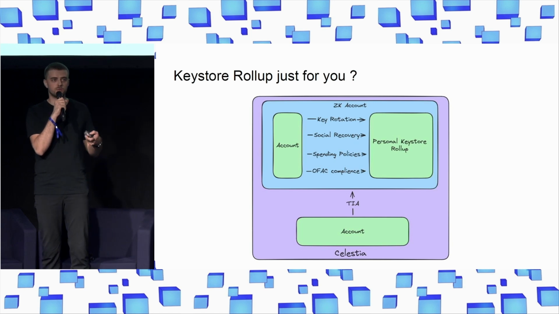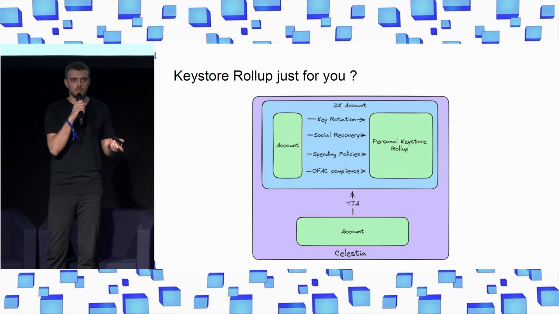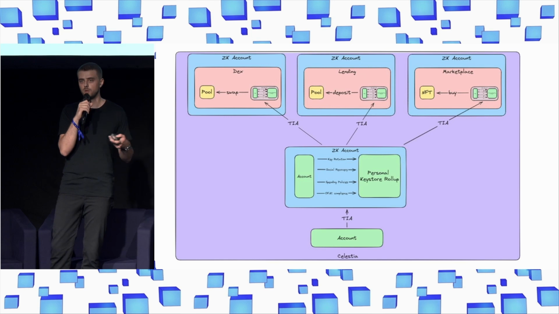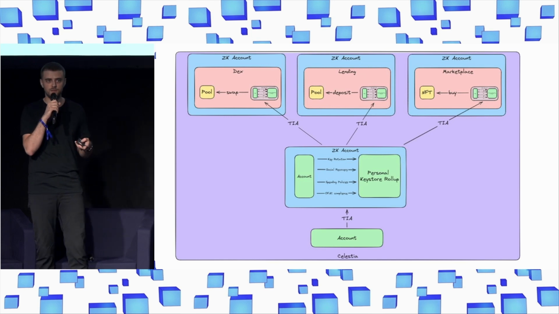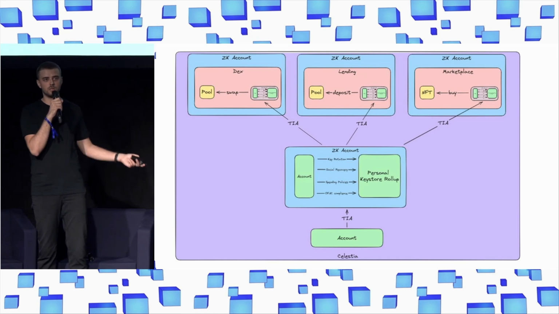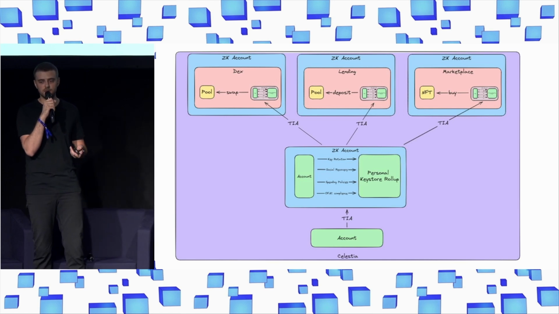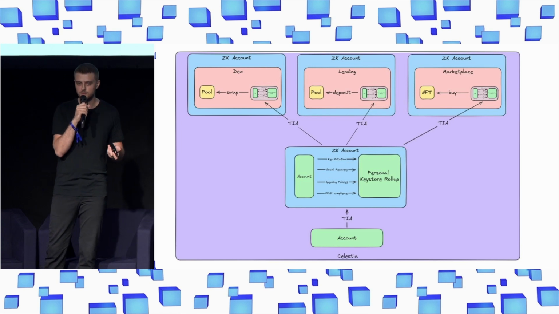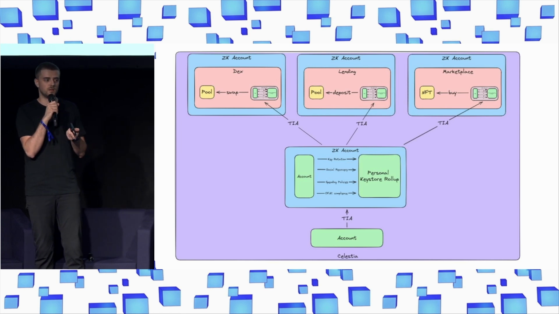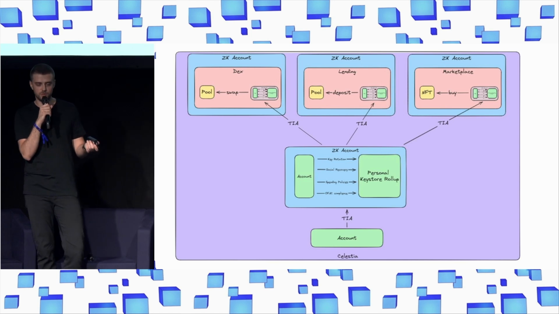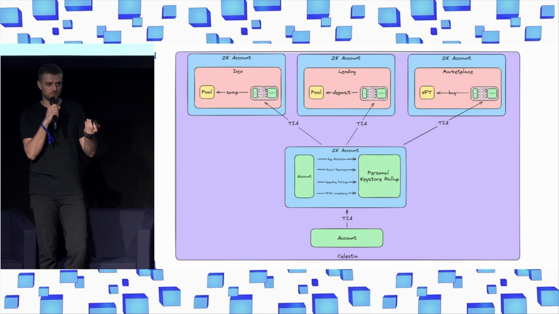But if you can rotate the keys on a ZK account, why not let that ZK account talk to the rollups, right? And if you rotate the keys on one account, you can rotate the keys in the whole ecosystem. I think this is very powerful and could unlock really frictionless communication where the user doesn't really see it as multiple chains.